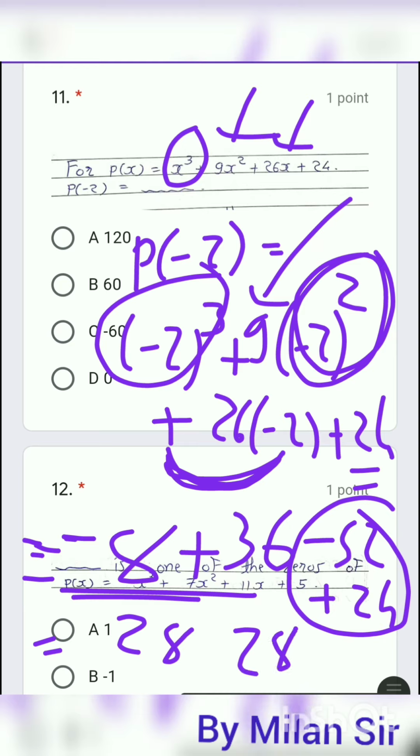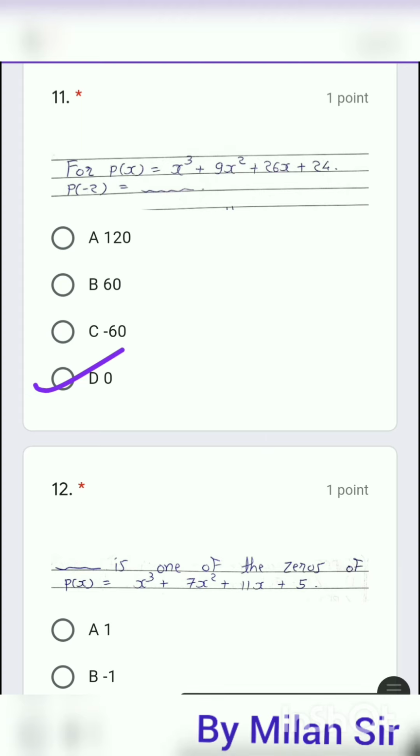The big number 52 has a negative sign, so negative sign. So 28 minus 28 is 0, right? So our answer is option D, 0. If we simplify minus 2 all cube plus 9 into minus 2 all square plus 26 into minus 2 plus 24, then we get the answer 0.